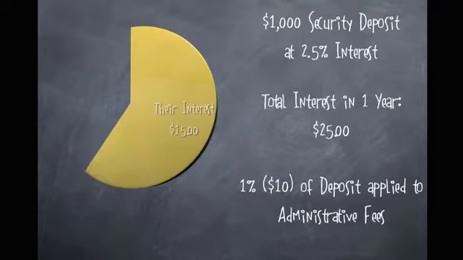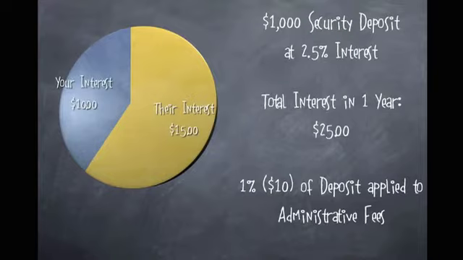That's you. So of the $25, $15 goes to them as interest, but $10 goes to you. So you're really paying 1.5%, which is a little more reasonable, so at least you're not going to be losing money on these interest-bearing security deposits.